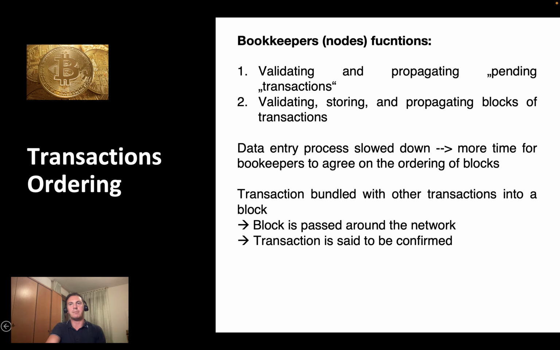First is validating and propagating pending transactions, and the second is validating, storing, and propagating blocks of transactions. By slowing down the data entry process of the bookkeeping system, bookkeepers then have more time to agree on the ordering of blocks of transactions. Once a transaction is bundled along with other transactions into a valid block, and that block is passed around the network, the transaction is said to be confirmed.